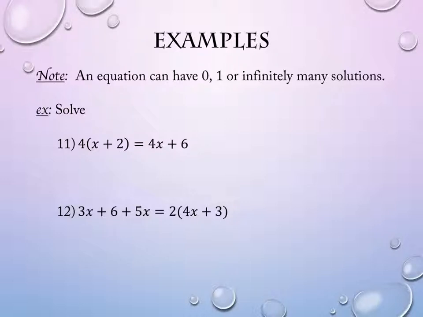So on number 11, I've got parentheses, so I'm going to distribute. I'm going to attempt to solve these just like normal. There's nothing different about what I'm doing, okay? What is different is what happens next.